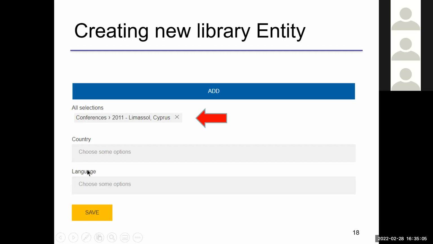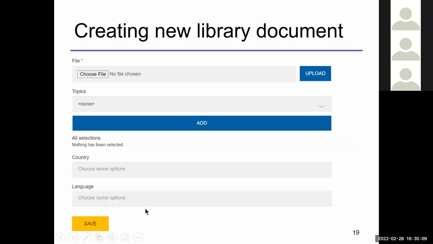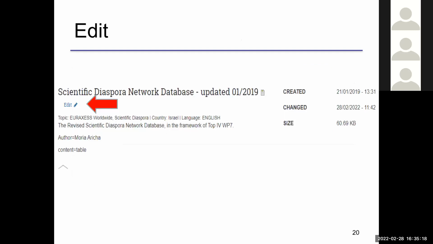But you maybe made a mistake. So how to correct it? Okay, when you finish with publishing, and maybe you see some error, you as an author, but only you as an author, can use this button, edit, to change something.